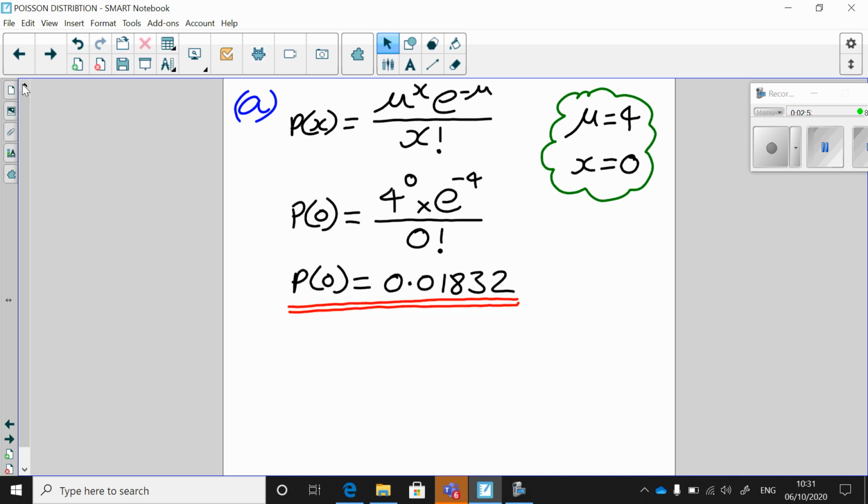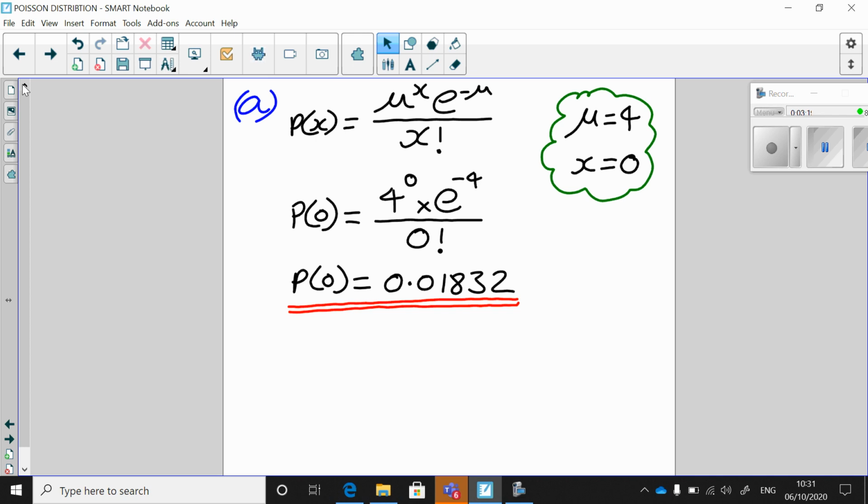I've just plugged that in, and it's fired that number out. I keep stressing, always double check your answers, and I probably should have bracketed the top there. And don't just divide by 0, it's 0 factorial. 0 factorial is actually 1. Trust your calculator.